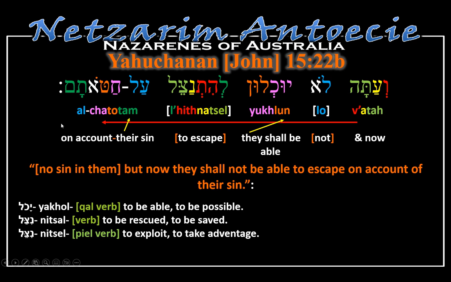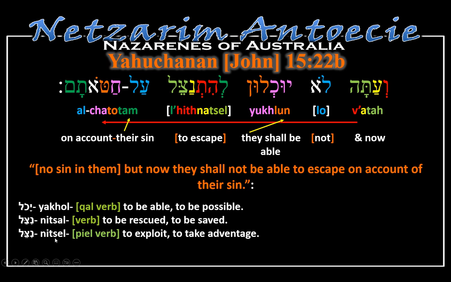Chatotam, meaning their sin. Because we know chet means sin. No sin in them, but now they shall not be able to escape on account of their sin. And down here I've got yukhal, which was to be able, to be possible. Then we have nitzal, a verb to be rescued, to be saved.